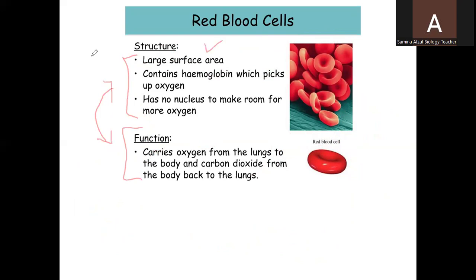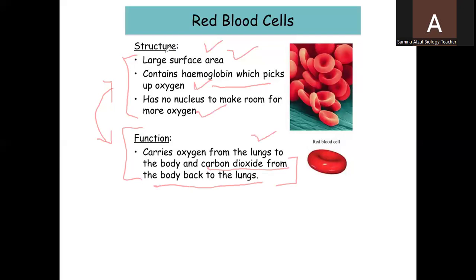I already discussed structure: they have a large surface area, they contain hemoglobin as a carrier, no nucleus. They carry oxygen from the lungs to the body and carbon dioxide from the body back to the lungs. So in this way, the red blood cells help in the transportation of not only oxygen but also carbon dioxide from the body parts towards the heart.